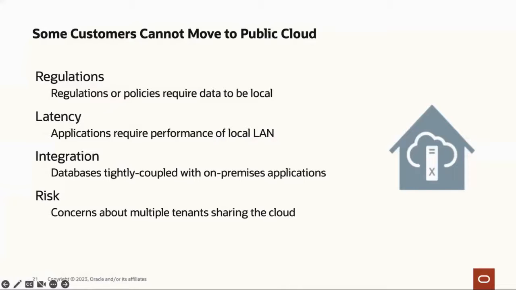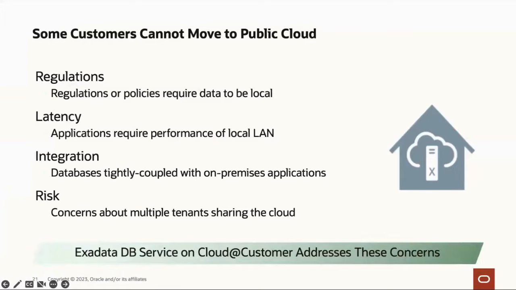It could be regulation requirements to be all local, or performance or latency requirements for different applications, database integration that could be tightly coupled with on-premises applications, or just risk concerns in general about sharing database systems in the cloud on Exadata. So with those concerns in mind, Exadata database service on Cloud@Customer was created to be a solution for these customer concerns.